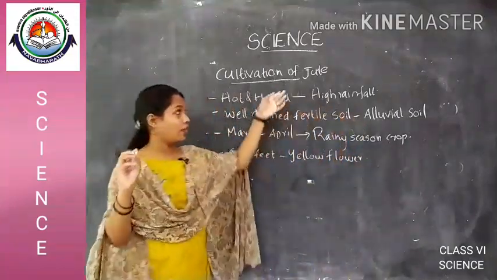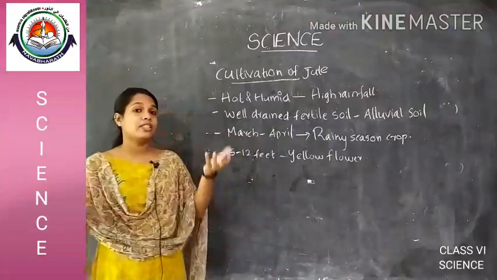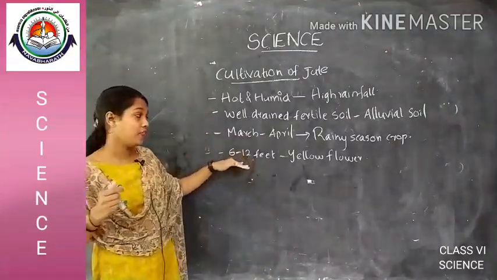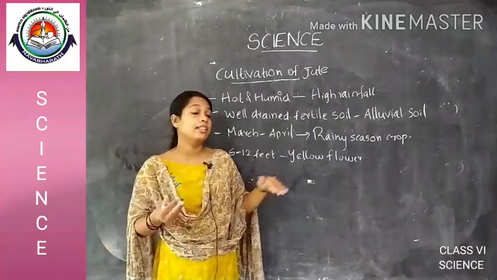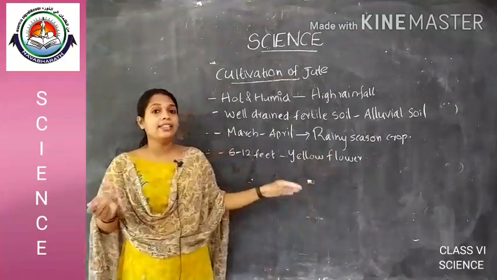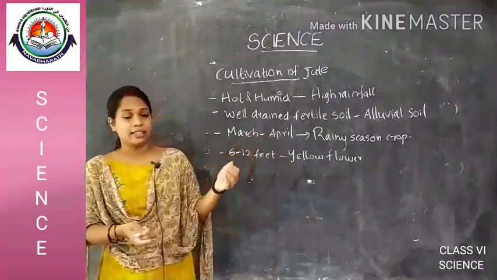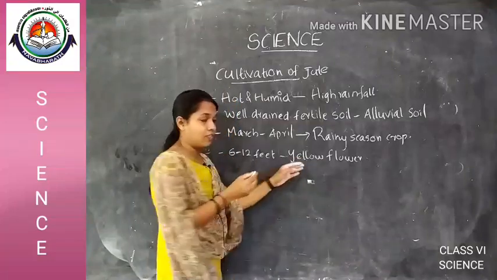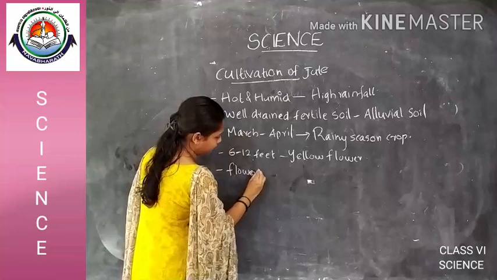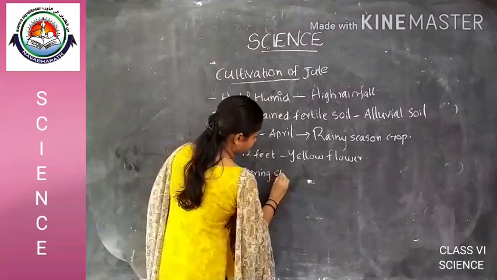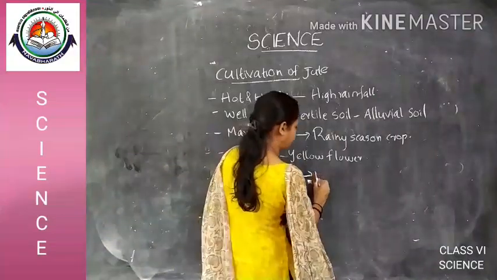So when the seeds of jute are sown, they germinate, and after it reaches a height of 6 to 12 feet, it produces a yellow colored flower, and in this flowering stage it is harvested, or the stems are cut. So during the flowering stage, the stems are harvested.